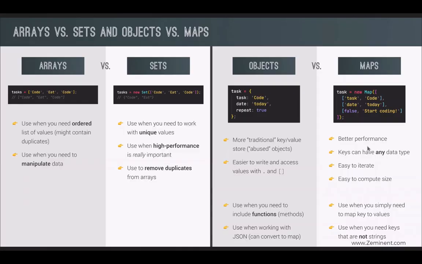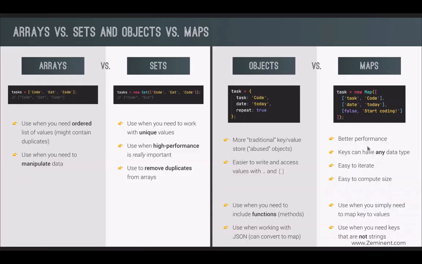Now maps, on the other hand, are way better suited for simple key value stores because they offer more performance. In fact, maps can also have keys of any data type, and they are also easy to iterate, and it's easy to compute the size of maps. However, the biggest advantage of objects is probably how easy it is to write them and access data by simply using the dot or bracket operator.